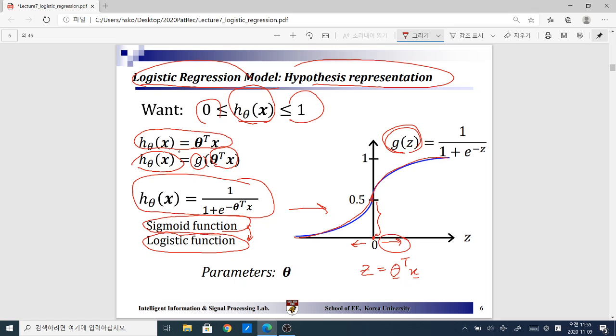And once again, the positive side would be between 0.5 to 1. So here, in order to indicate this logistic regression function, we have this parameter theta, once again, and then this is dot producted with the feature, and this z is then mapped into this sigmoidal function.